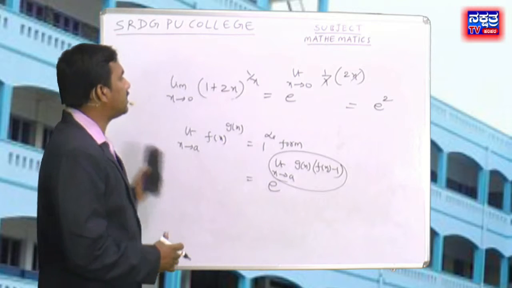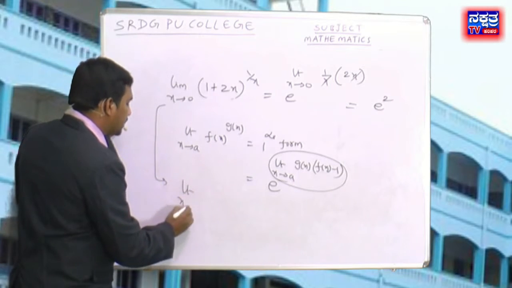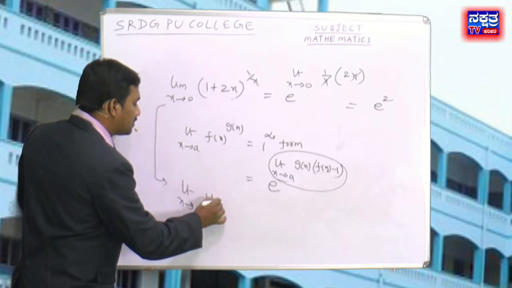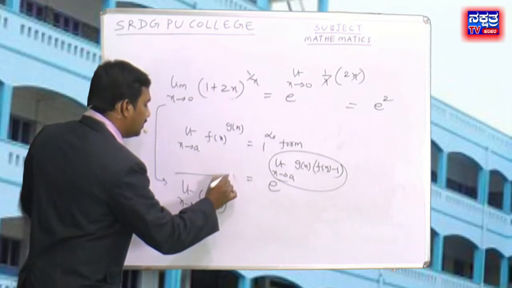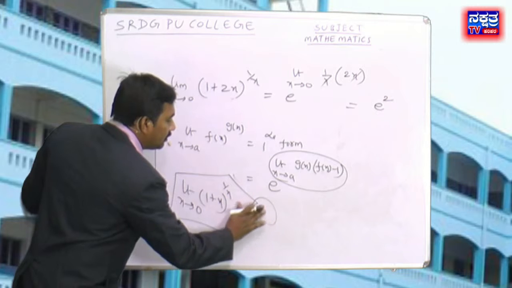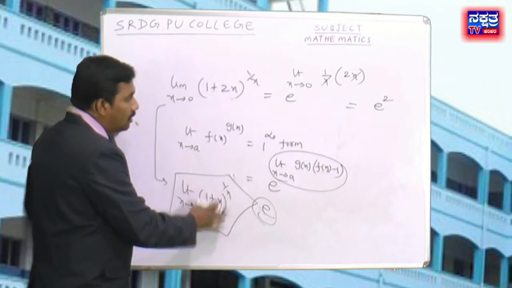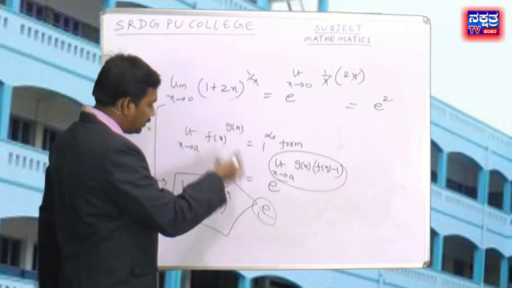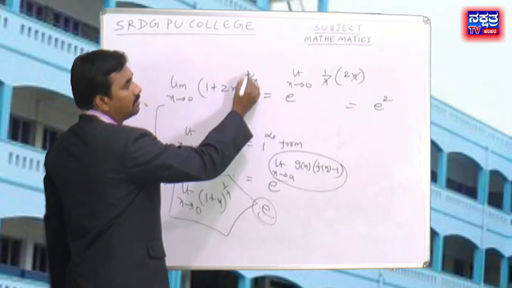And one more standard formula we can remember like this. Limit x tends to 0, (1 plus x) whole power 1 by x. Directly you can remember this answer is e only. So, here in place of x we have 2x. So, make it 2x; that means here we can make 2x into 2.